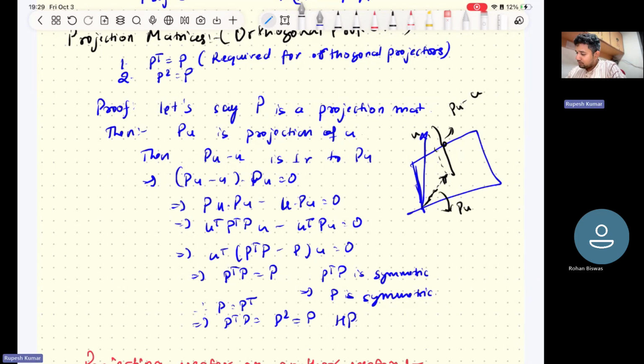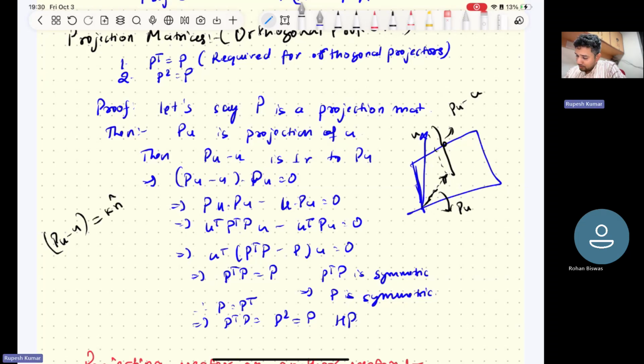Now you know that this orthogonal projector, this is the orthogonal line, right? So you know that Pu minus u is along the normal of the plane. You can always say that.